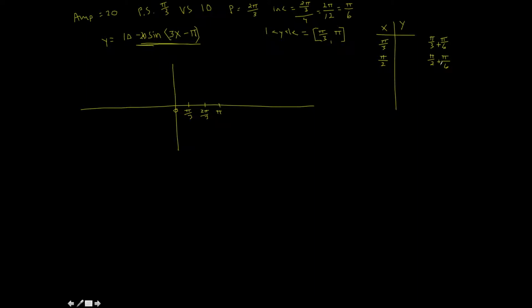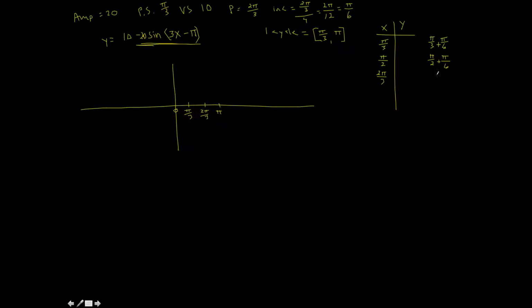That's going to be, at this point, folks, get your common denominator. Pi over 2 is the same thing as 3 pi over 6, plus 1 pi over 6 is 4 pi over 6. So that's the same thing. 4 pi over 6 is the same thing as 2 pi over 3. 2 pi over 3 plus pi over 6.